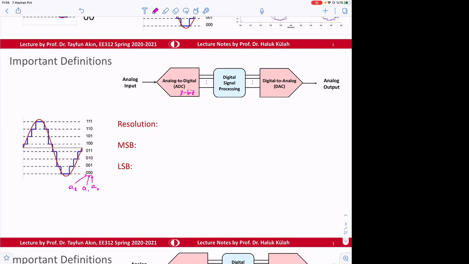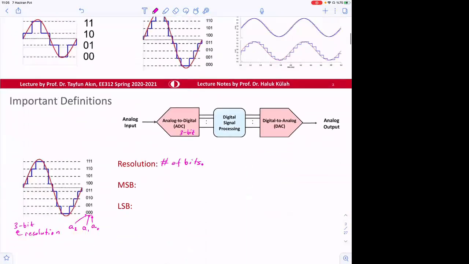So we say this is 3-bit. 3 is the resolution of this A to D. So how do we use this one? Resolution is the number of bits. Okay, so this is the resolution.